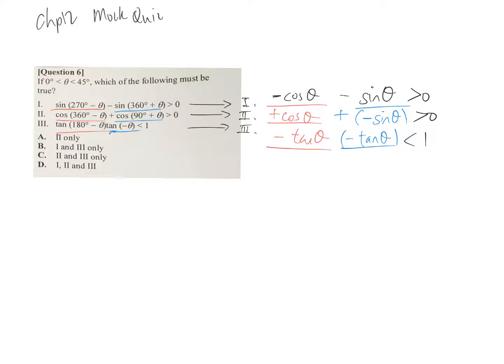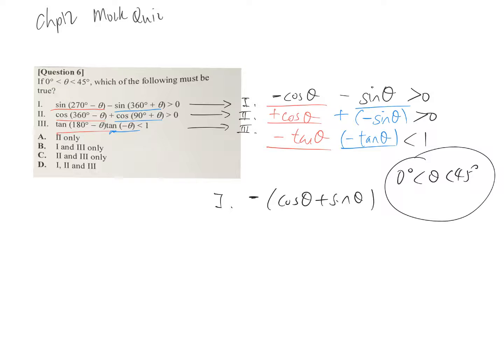So we get these three. For statement 1, you get negative cosine theta plus sine theta. It asks you about theta between 0 and 45, which is quadrant 1, Q1, and all of them are positive.